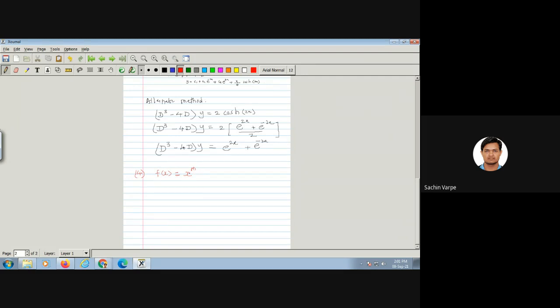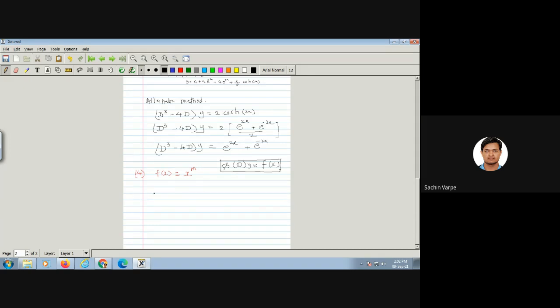Okay, so that independent variable can be anything. If the right hand side function is a polynomial function, right hand side function means which right hand side function? In the given linear differential equation with constant coefficient, if this right hand side function is a polynomial function, then we have a shortcut.